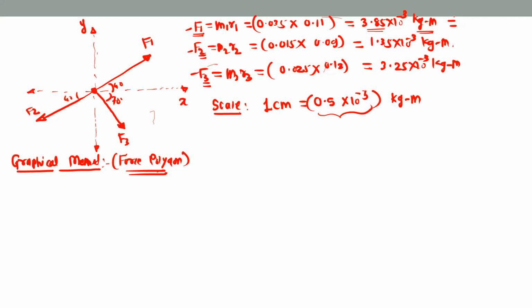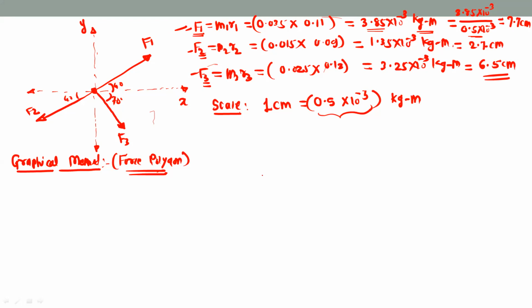So first will be 3.85 into 10 raised to minus 3 upon 0.5 into 10 raised to minus 3. So this is the scale. So this vector will be 7.7 centimeter. Then the second vector is equal to 2.7 centimeter. And the third vector, 3.25 divided by 0.5, is equal to 6.5 centimeter. Okay. So we have converted force in terms of length.